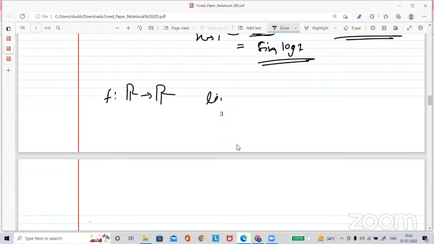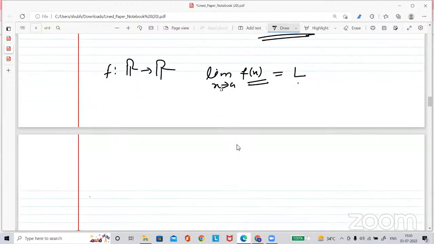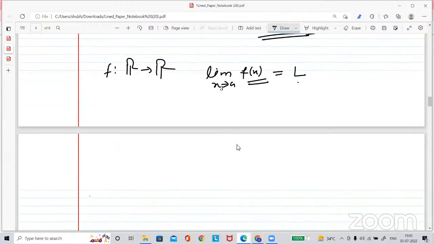And the limit is as x goes to a. Suppose the limit of the function exists, which is L here. What is happening here? Suppose we have a real line, and here is a. Saying x goes to a means we are approaching a from only these two sides: this side or this side.